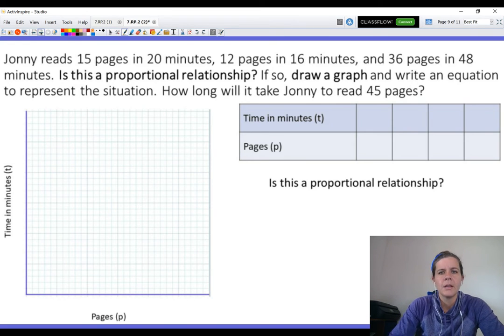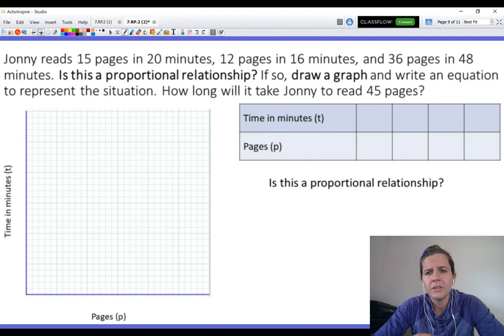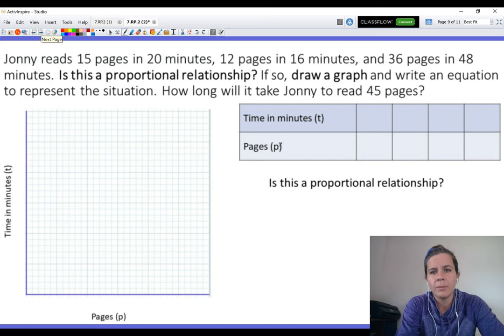Okay, let's put these in a table and then decide if it's a proportional relationship. I put time on top and pages on bottom. So let's see, for time we have 20 minutes, 16 minutes, and 48 minutes. So I'm going to put them here in order. I'm going to leave this first one blank because I want to put the most reduced ratio, the smallest equivalent ratio, there.